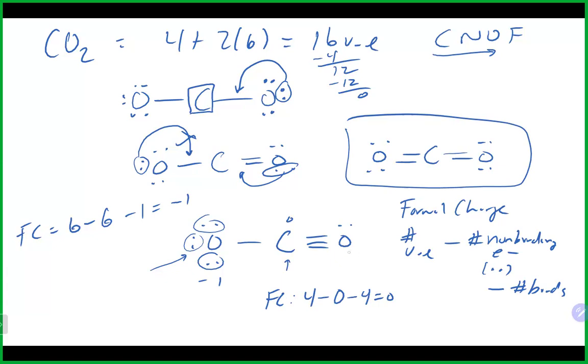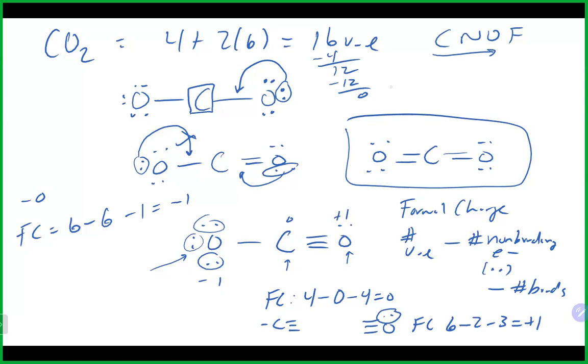Now if we go to this triple bonded oxygen here, so this is our single oxygen, this is our carbon, and now our triple bonded oxygen, the formal charge would be 6 for the electrons in oxygen, minus 2 for the 2 dots, minus 3, which is +1. So we'll end up with a +1. Now overall, the charges do equal 0, right? +1, 0, and -1 equals 0. And those would be the formal charges that we would have on this.